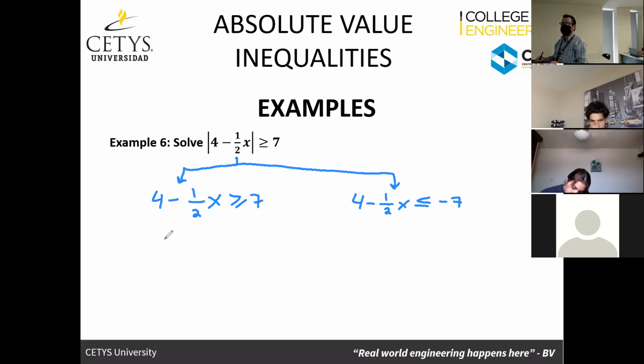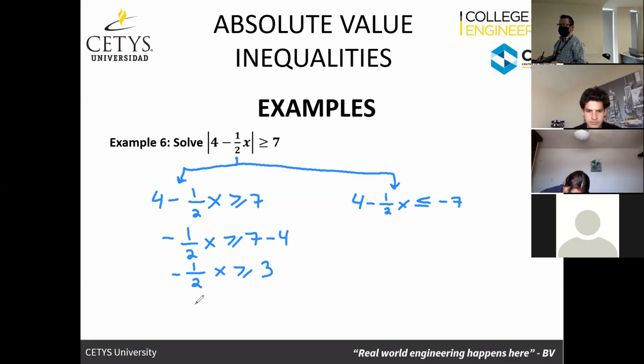So this is going to be the same as having minus 1/2 of x larger than or equal to 7 minus 4. Negative 1/2 of x is larger than or equal to 3. Then we multiply by 2 on either side, and that's going to give us a -6.